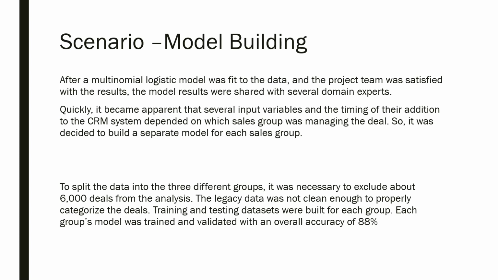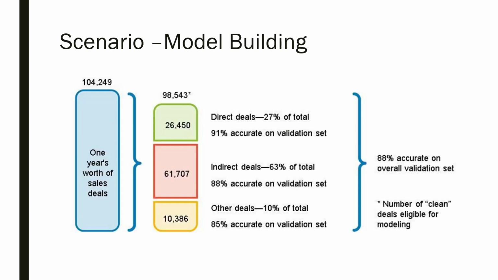To split the data into 3 different groups, it was necessary to exclude around 6,000 deals from the analysis. This legacy data was not clean enough to properly categorise the deals. Training and testing data was built for each group, and each group's model was trained and validated with an overall accuracy of 88%. Again, we're doing some analysis here on our model just to see how it's working.